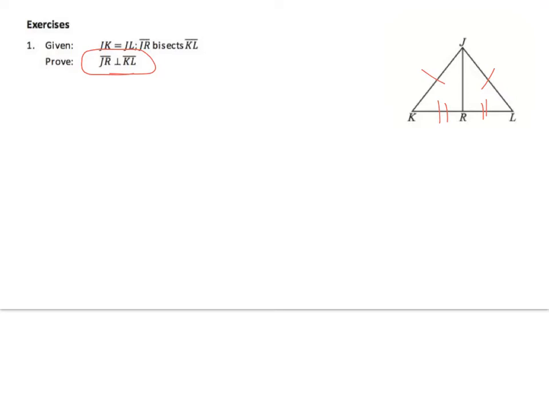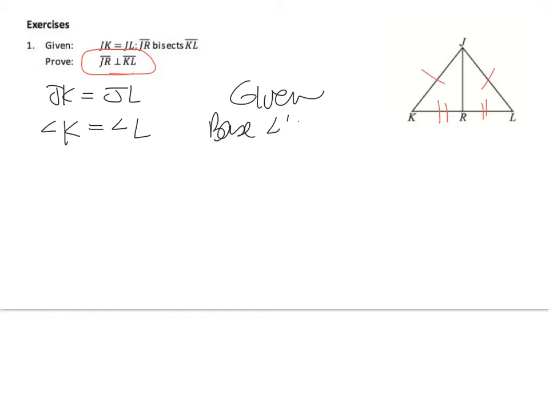Let's write down what's given. JK equals JL. Given angle K is equal to angle L. We just proved this. Base angles of isosceles triangles are congruent.